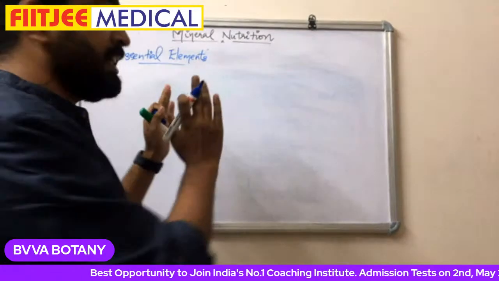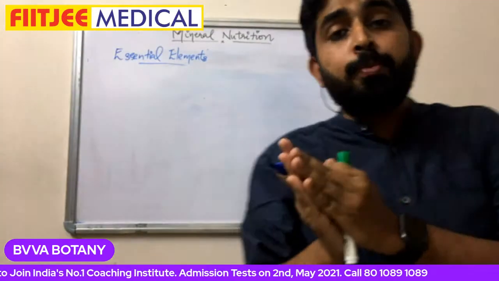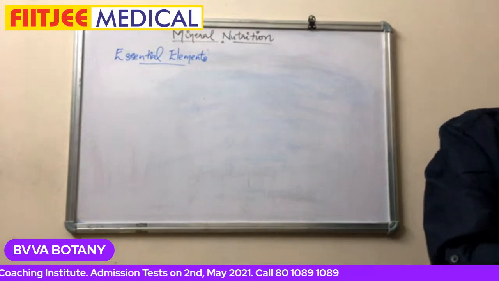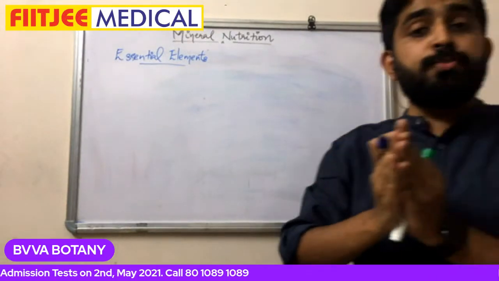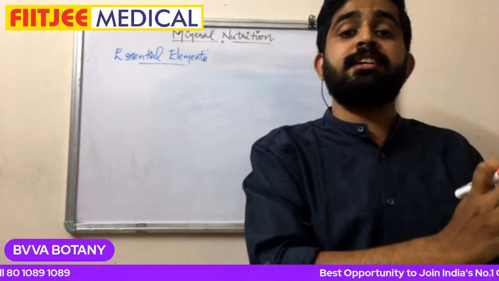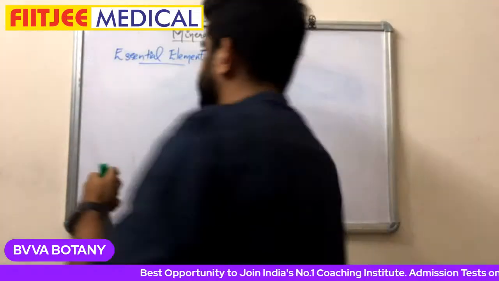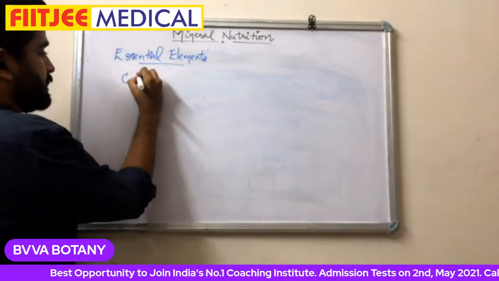Out of these 60 elements present in plants, we have to see how many are essential and how many are non-essential. They are categorized based on certain criteria, the criteria for essentiality.